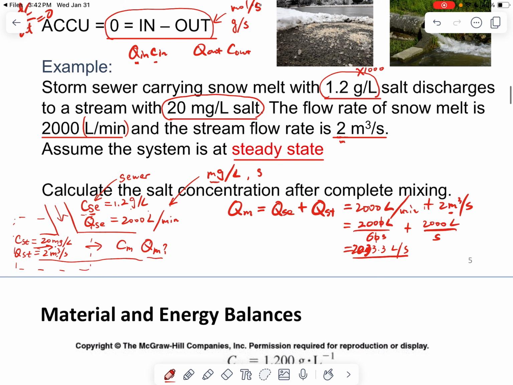Then we can build up the mass balance for the salt. So you have basically QSE, CSE plus Q stream, C stream should equal to Qm after mixing multiplied by C mixing.